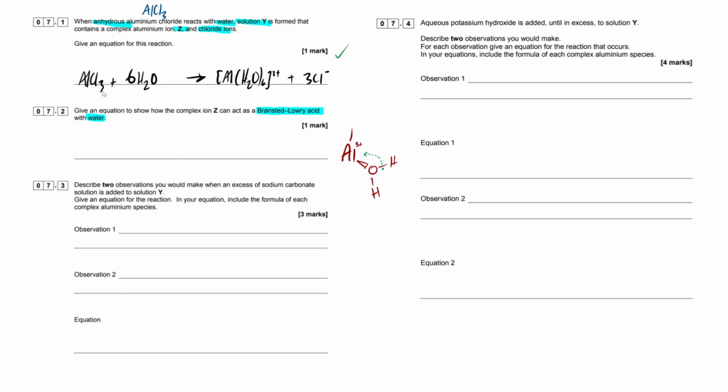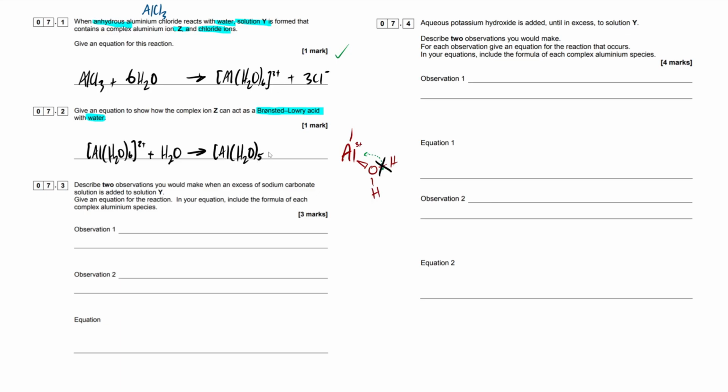Okay, so what we're going to have here is we're just going to have our complex, okay, our aluminium hexaaqua complex. This is going to react as an acid with water, okay, and give up a proton. Easy as that, okay? So one of these 6 water molecules is going to lose one of their protons, okay?